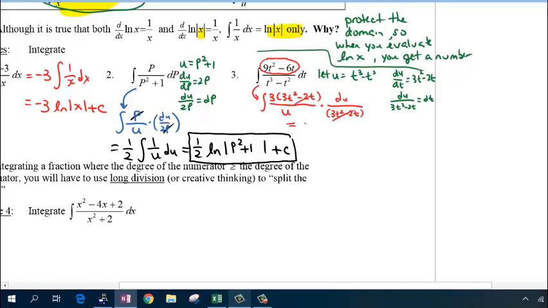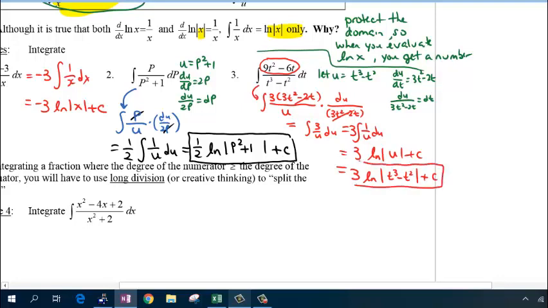This just becomes 3 over u du, and then I can rewrite this as 3, 1 over u du, and just like number 1, the integral of 1 over u is just the natural log of the absolute value of u plus c, and I should have just done that in one step because I could have replaced u with t cubed minus t squared plus c. Done.